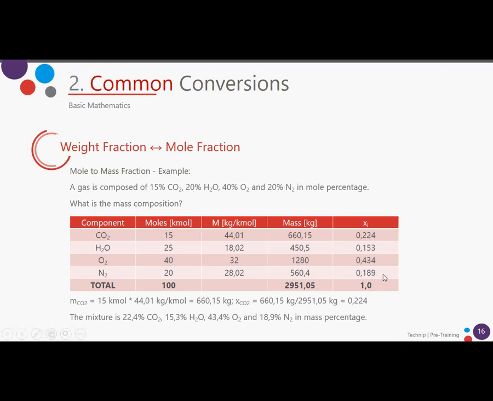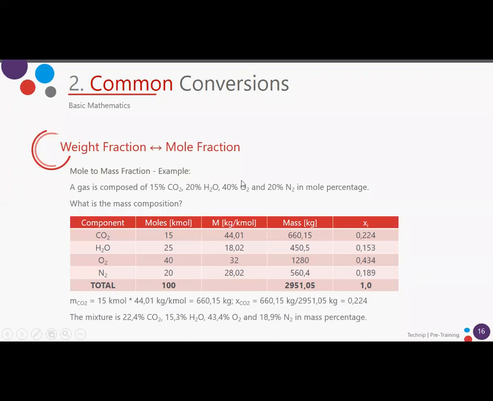And now, in order to check if I have done this calculation correctly, we can sum all our mass fractions, and then I have to get 1, because as already mentioned in the slide before, the sum of all mass fractions must be 1, okay?